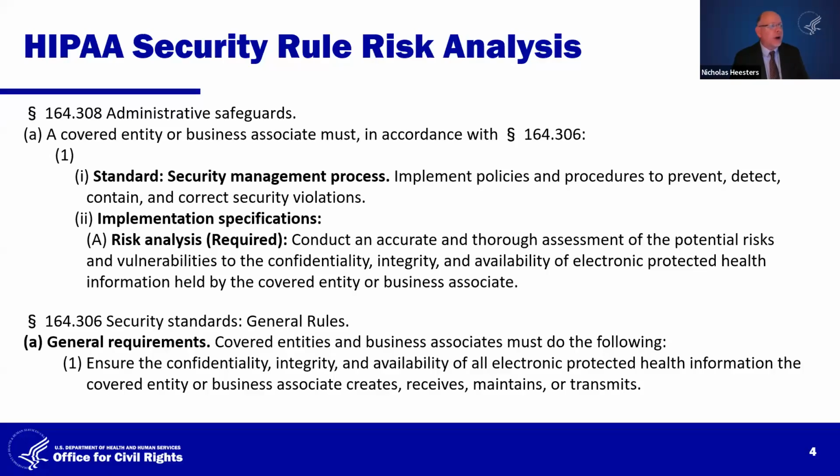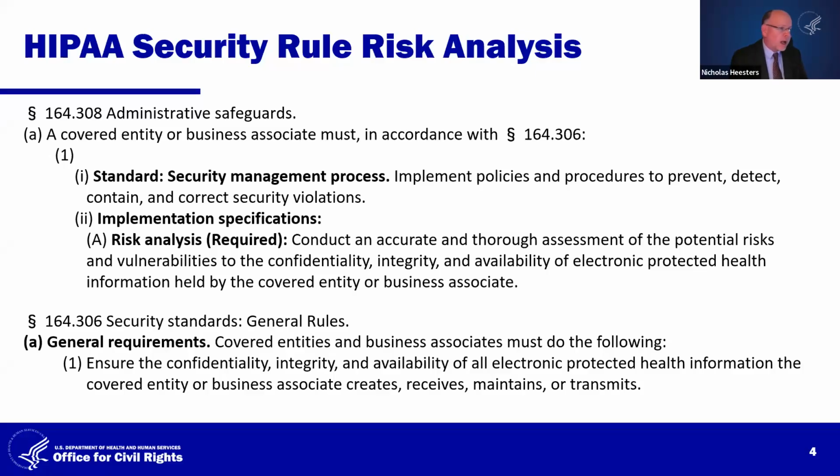So we started off talking about the administrative safeguards section where we reference 164.306, that the standards and specifications have to be done in accordance with that. So we talked a little bit about that on the bottom here, where 164.306 is what's called the general rules of the security rule.